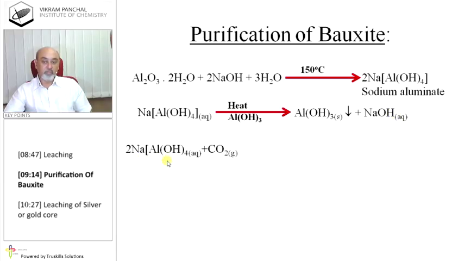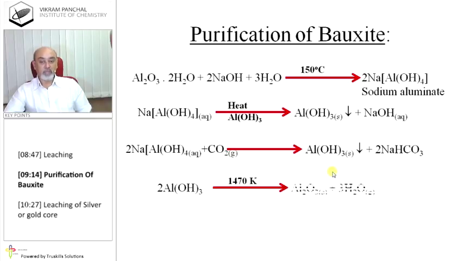Or sodium aluminate is treated with carbon dioxide, which also produces aluminium hydroxide and sodium bicarbonate. This precipitated aluminium hydroxide on heating gives alumina. This is pure alumina or pure bauxite, and here this process is leaching.